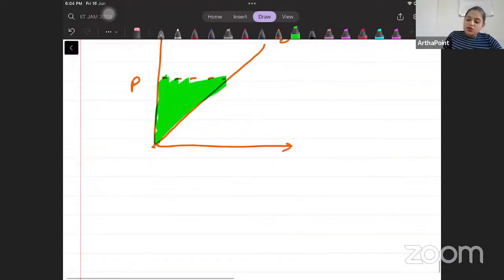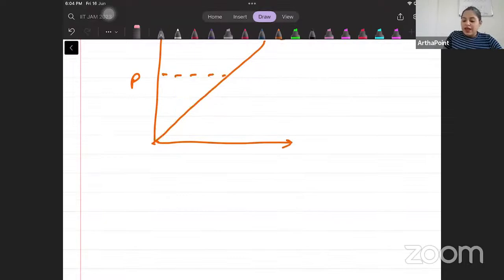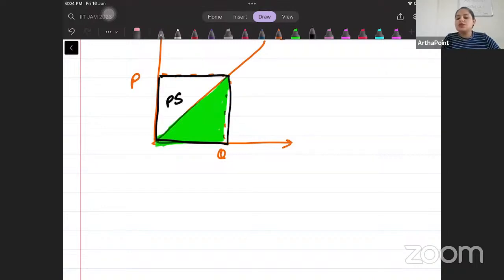But if I use the method of integration and suppose here, for the corresponding P, I find the value of Q and I integrate this curve, then I will get this area. By integration, you always get the area below. And if you subtract this area from the area of the square, then you will get producer surplus.